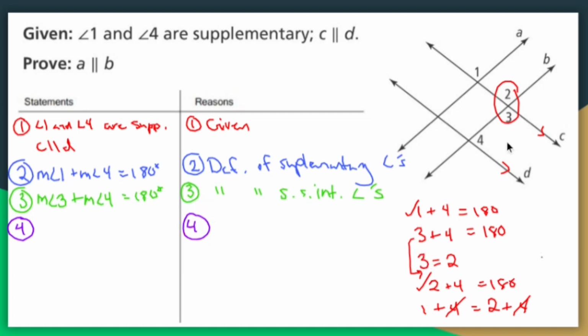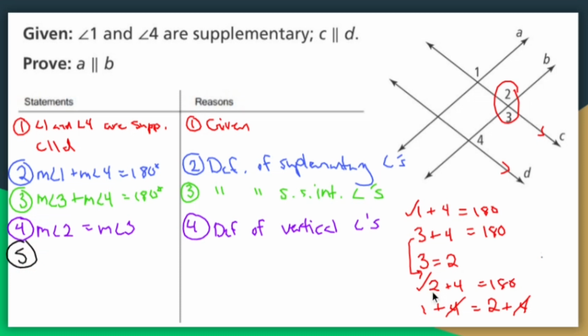Next, I was able to say that the measure of angle 2 is equal to the measure of angle 3, and that's the definition of vertical angles. Don't know why I didn't just do those quote thingies again. Too late.